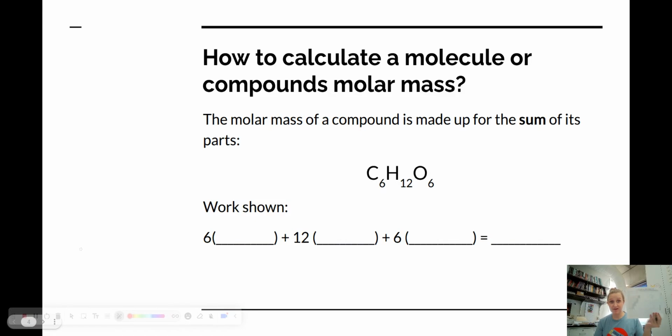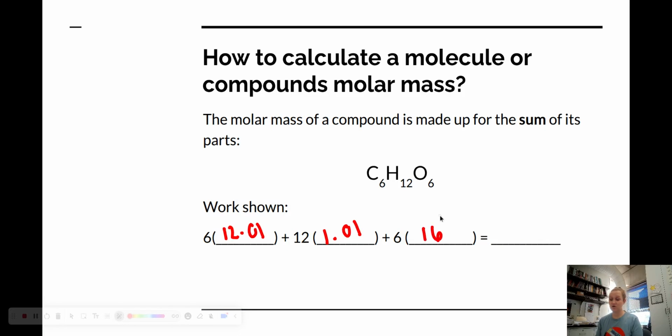I'm going to use my periodic table and look at carbon. Carbon has a mass of 12.01. So 6 times 12.01 is the mass of carbon, plus 12 times 1.01, plus 6 times oxygen, which is 16.